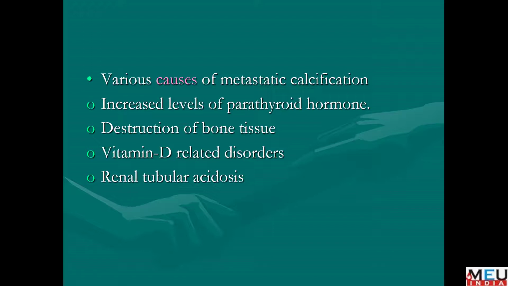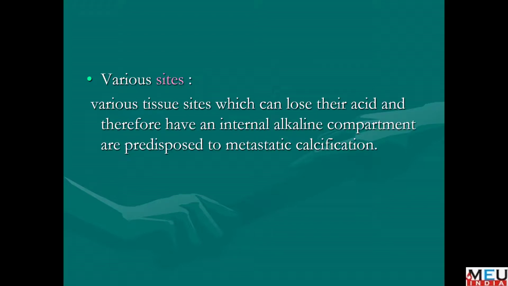In all these circumstances, there is an increase in the serum calcium levels, which leads to creation of nuclei in different parts of the body, around which more and more calcium gets deposited, leading to metastatic calcification.